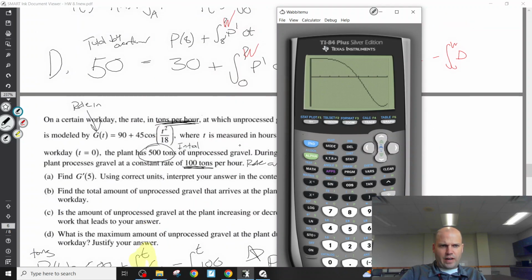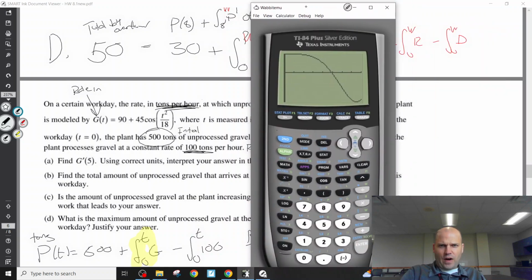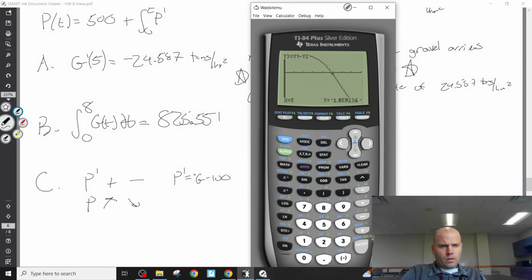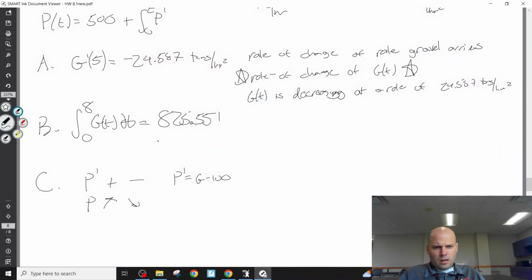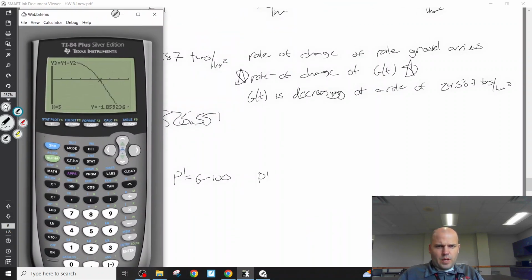I want to figure out the value at 5. It's negative. You would say, I want to hide this because I need it. P prime of 5 is negative 1.859 tons per hour.